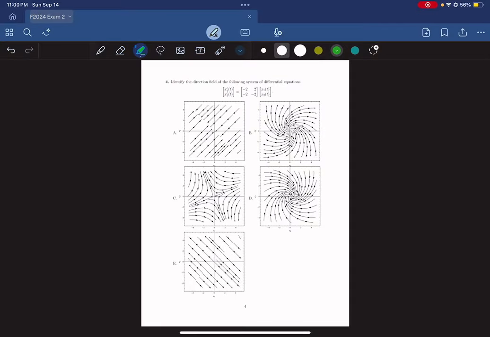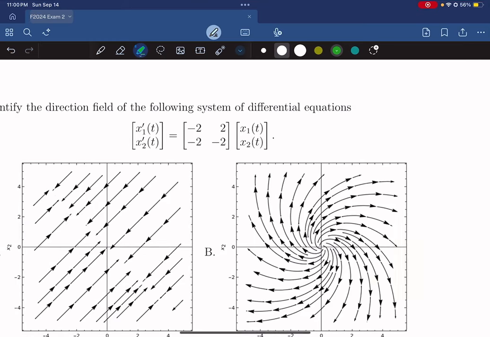It says, identify the direction field of the following system of differential equations. And so as soon as you see something like this, you're going to try and find the eigenvalues. So for this one, we find the determinant of negative 2 minus lambda, and so on.